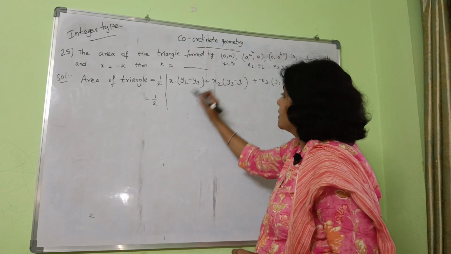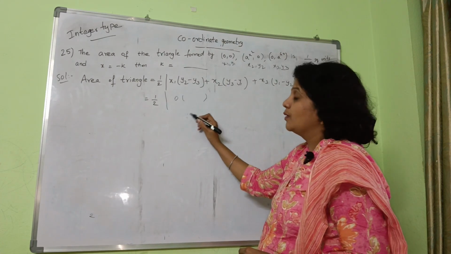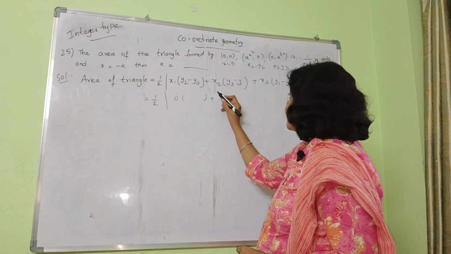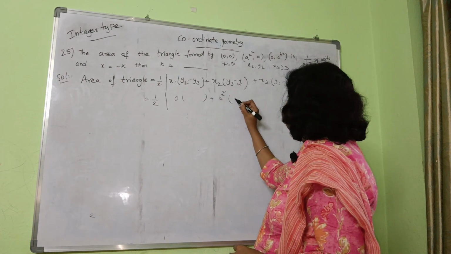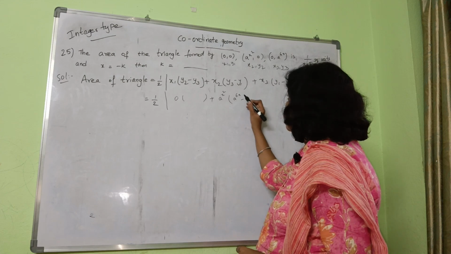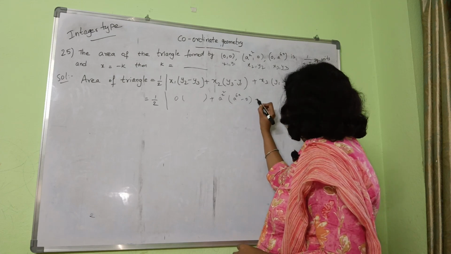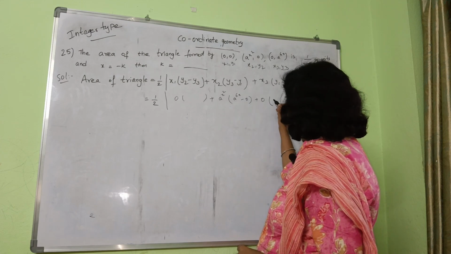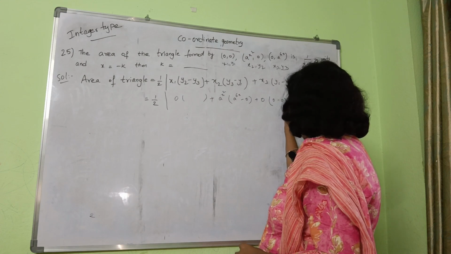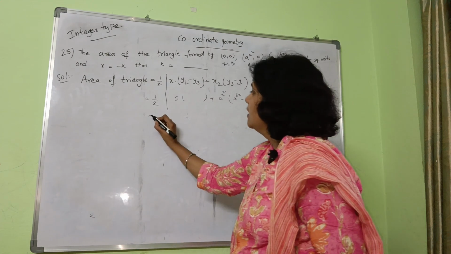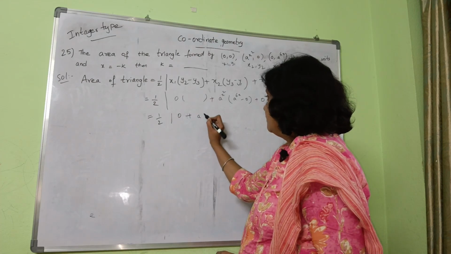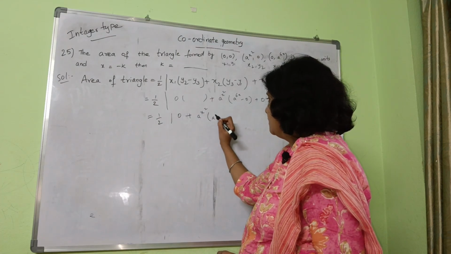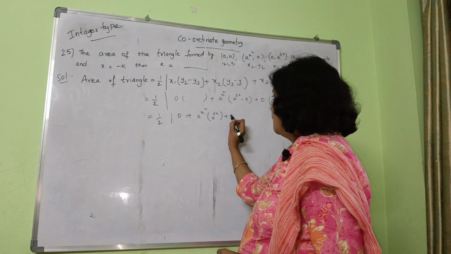What is the x1 value? 0. 0 and anything is 0 only, so no need to write. What is the x2 value? a power x power 2. What is y3 value? a power 6x minus what is y1 value? 0, plus what is x3 value? 0. What is y1? 0 minus 0. Okay. So 1 by 2 [0 plus a^(x^2) into a^(6x) plus 0].